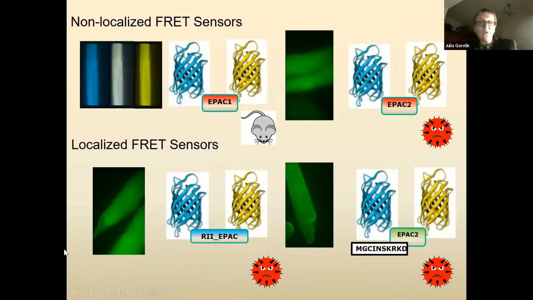And in order to see the beta-adrenergic cyclic AMP signaling, we decided to use the local FRET sensor. We used not only the cytoplasmic sensor, but also a plasma membrane sensor and a sensor located to the RII subunits of PKA.